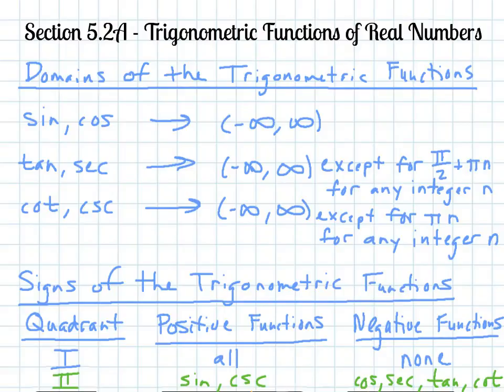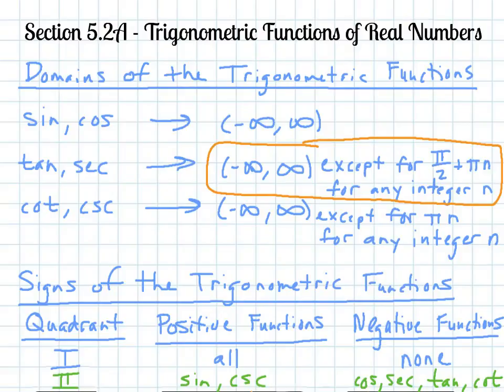For tangent and secant, it's all reals except for when you have pi over 2 plus pi n, meaning any time that you go half a pi across, like 3 pi over 2, 5 pi over 2, or negative pi over 2, negative 3 pi over 2, negative 5 pi over 2, and so on forever in both directions, you're always going to have an undefined part where there's no value there, so the domain is restricted a little bit.